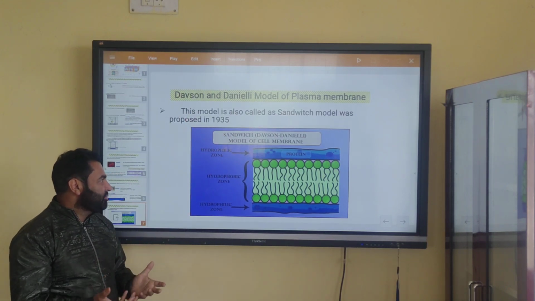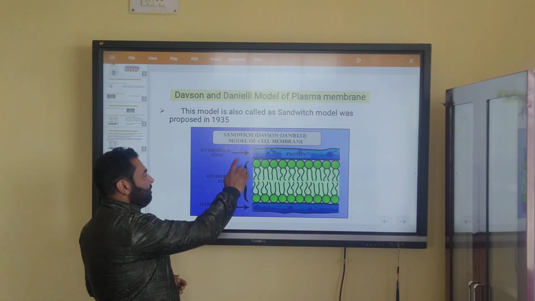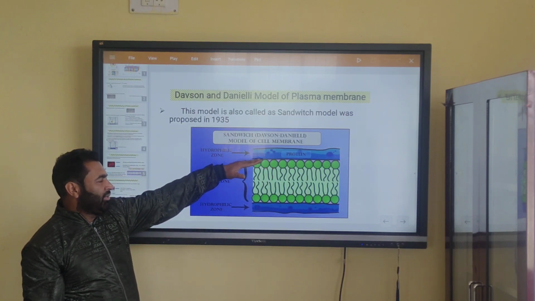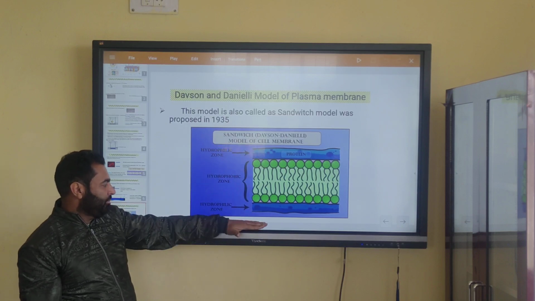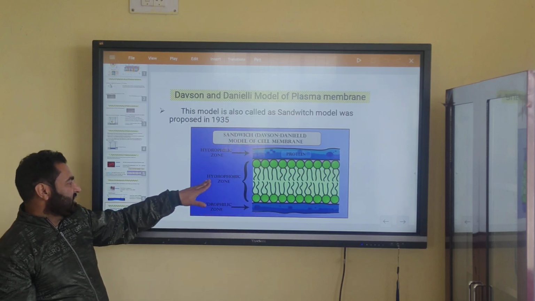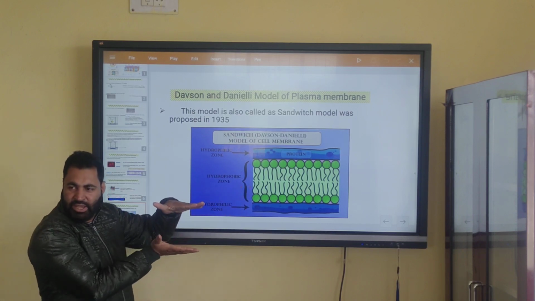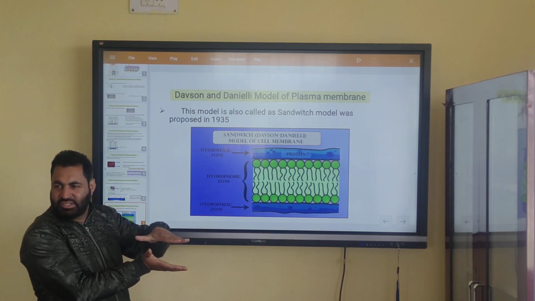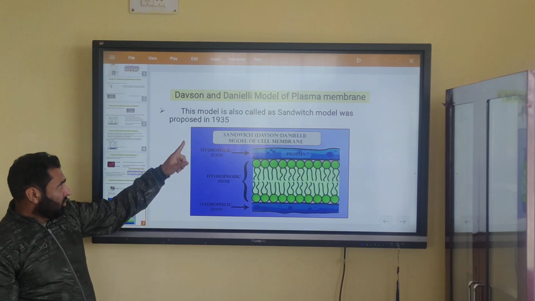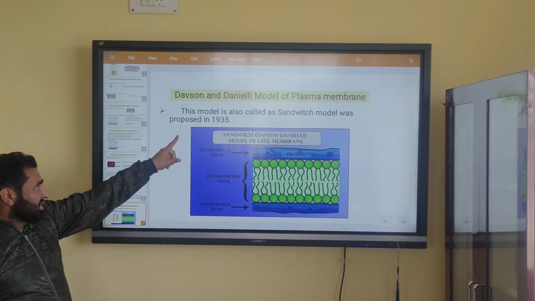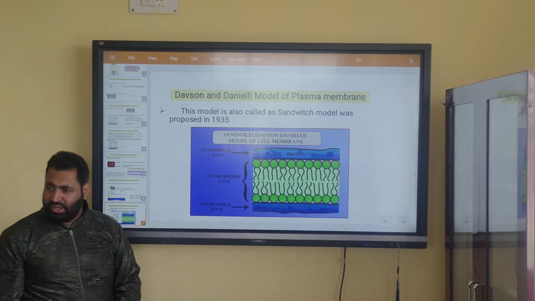What is in the sandwich model? In the sandwich model, they propose that these hydrophilic proteins will be covering from the outer side and from the inner side. And this hydrophobic zone, the phospholipids, will be embedded or sandwiched between these protein layers. So this was the sandwich model or Davidson-Daniel model of the plasma membrane.